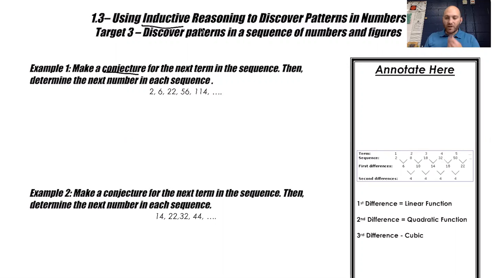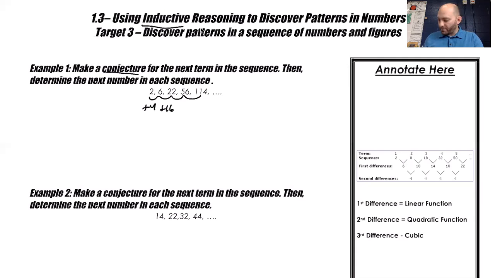Okay. So when you look at this, what we're trying to establish is, is there a pattern for these numbers? The first thing we like to do with these types of number patterns is just do a simple addition. So if I go 2 to 6, that is plus 4. I go 6 to 22, that is plus 16.